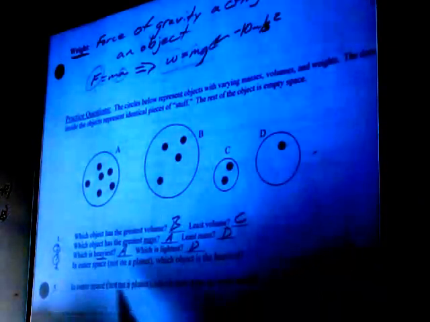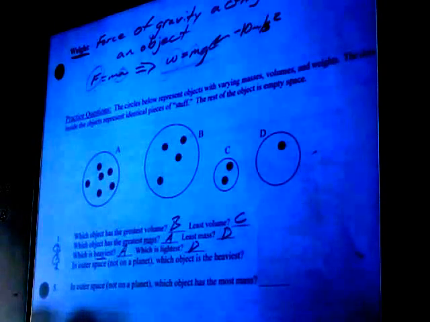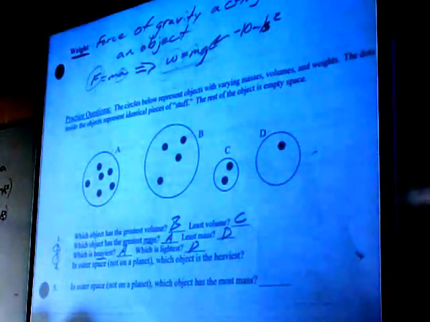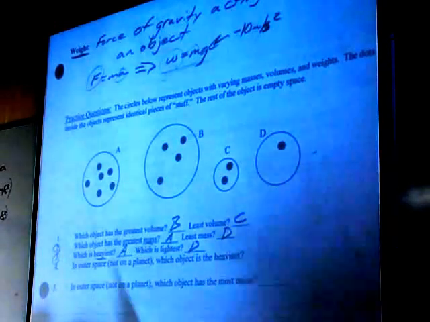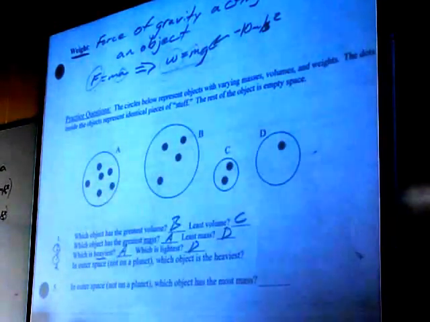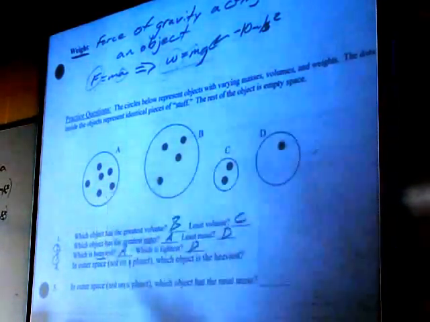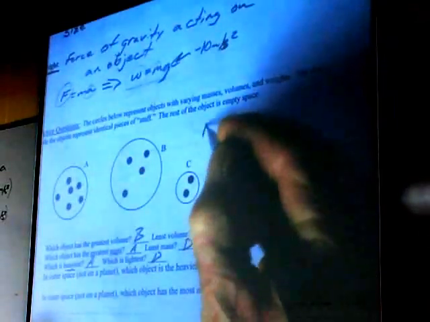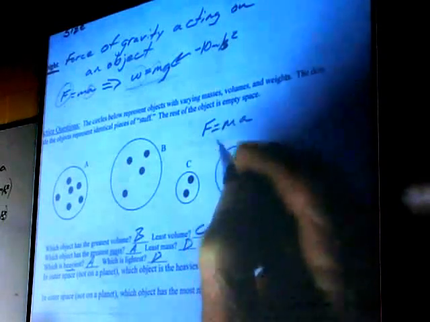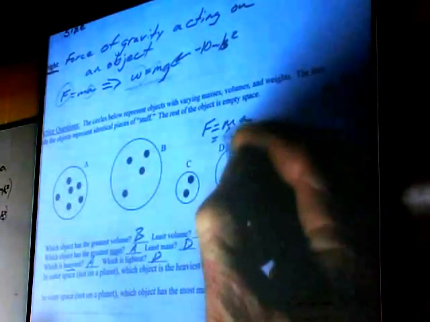So number 4, in outer space, which one's the heaviest? C. Yeah, no. How much does this one weigh in outer space? Let's use the formula for weight, which is force equals mass times acceleration. Let's say these are each a kilogram, so 6 kilograms.